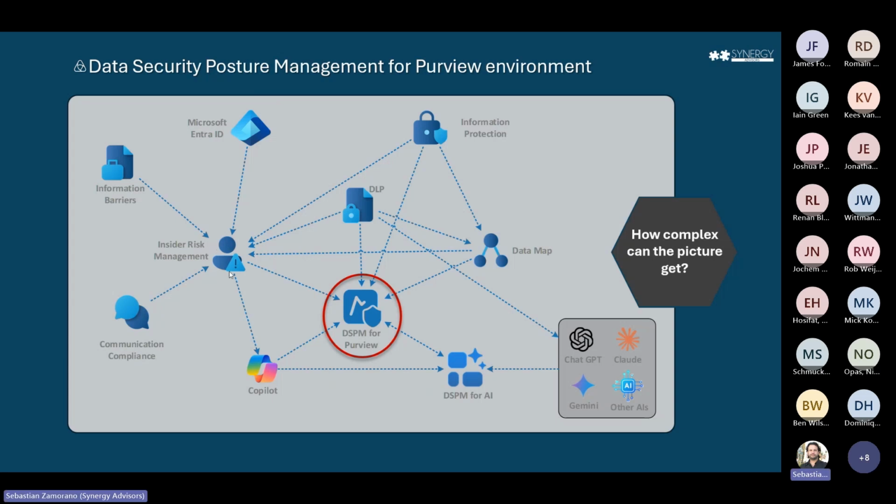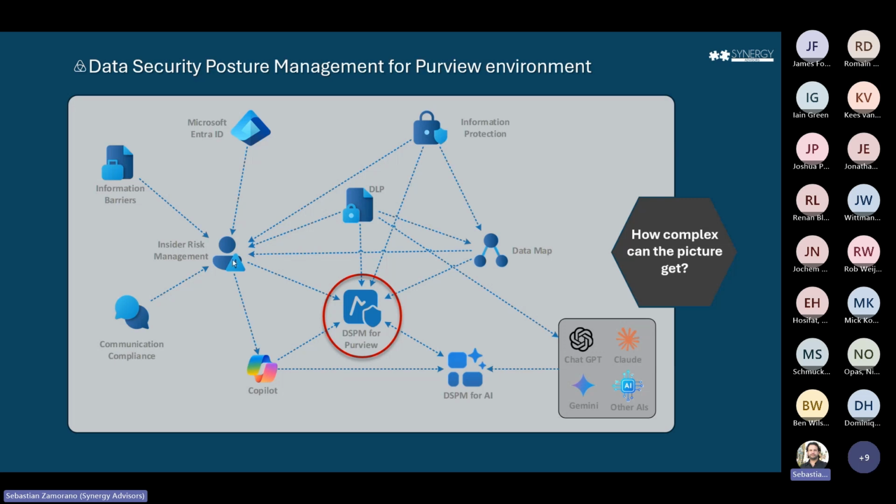Insider risk management takes information from Microsoft Entra ID, sign-in risk users and other stuff that is coming here, takes information from information barriers, takes information from communication compliance, and so on. I didn't draw it here, but there are some data connectors, HR systems that can be connected to insider risk management to identify if we have a risk with a user because they are leaving the organization, resigning, or some actions, or maybe the person is talking in chat that they are bored in the current job, in the current role.